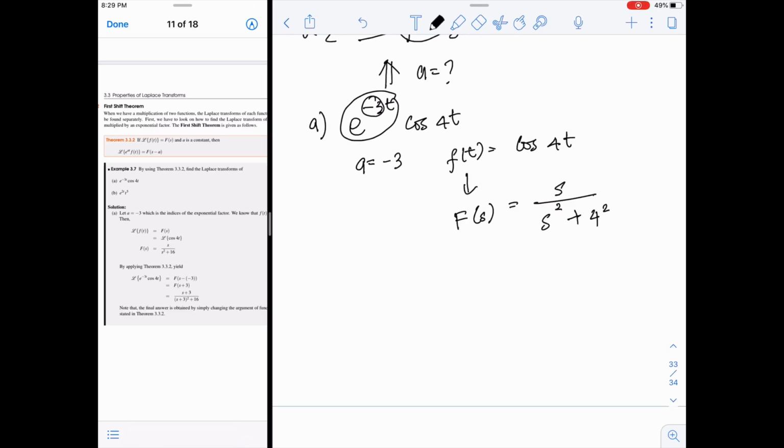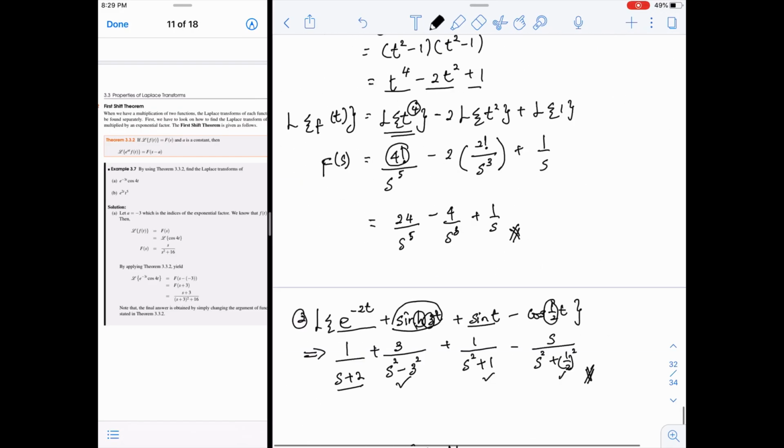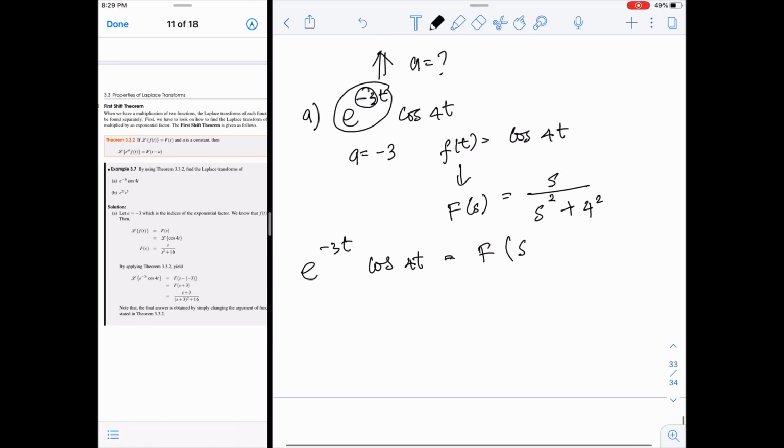However, if you want to solve e to the power of negative 3t cos 4t, your answer must be in terms of s minus a. So your a is negative 3, so you will get F(s plus 3).